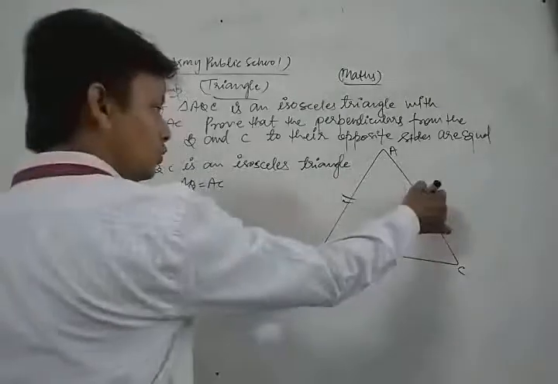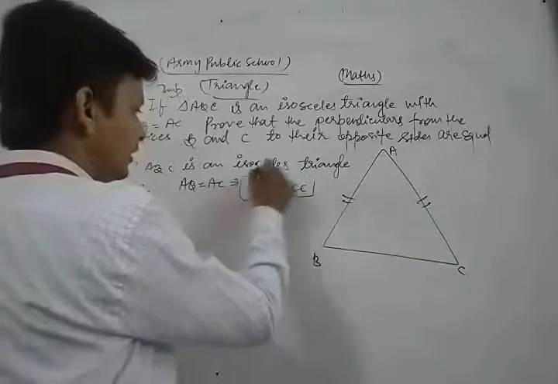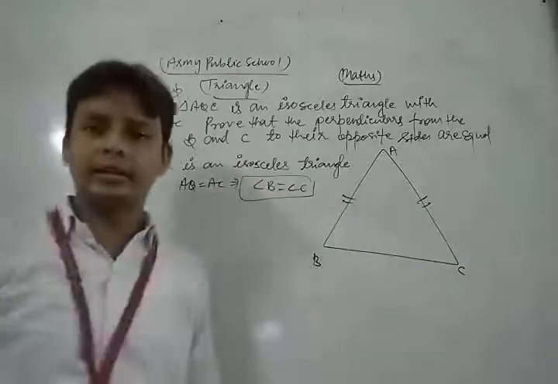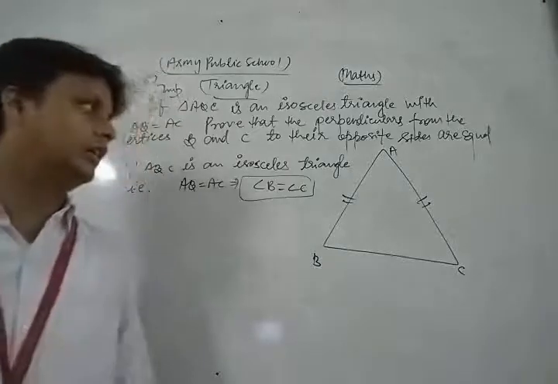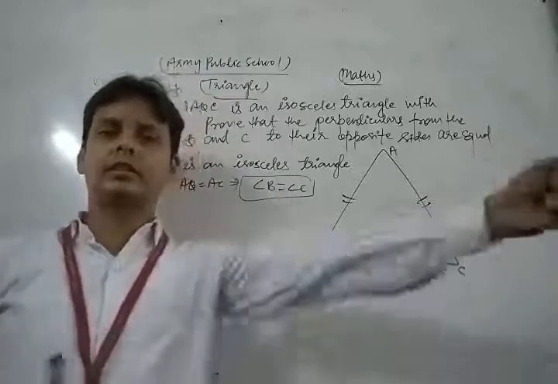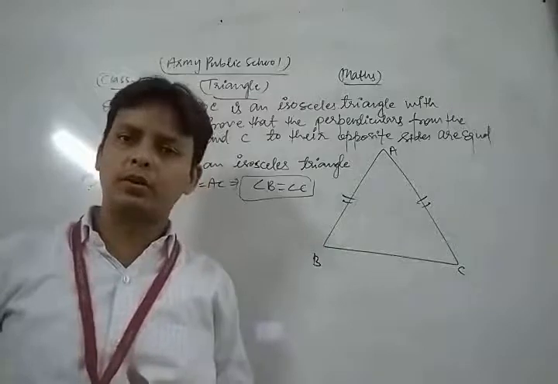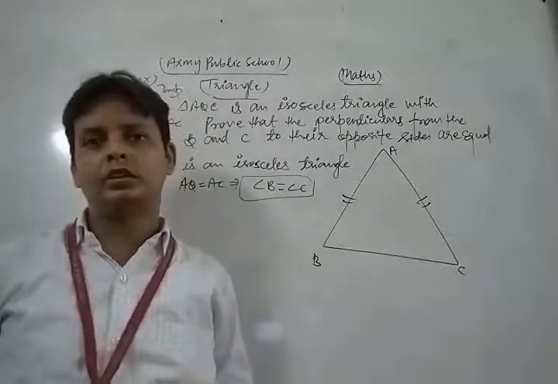If AB is equal to AC, then we can say that angle B is equal to angle C by theorem, because the angles opposite to equal sides are also equal.